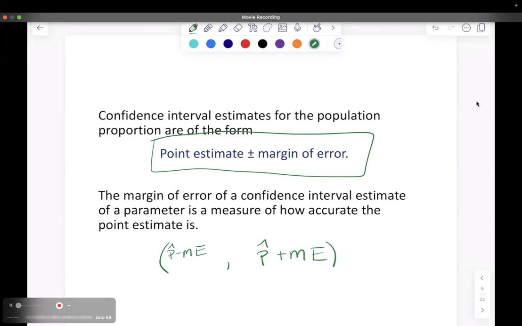So if I did 46% plus or minus 3%, then this would be 0.43 and 0.49. It gives us the upper and lower bounds of my confidence interval. So those are the 2 different ways that we list them, and your homework is going to have you do it both ways.